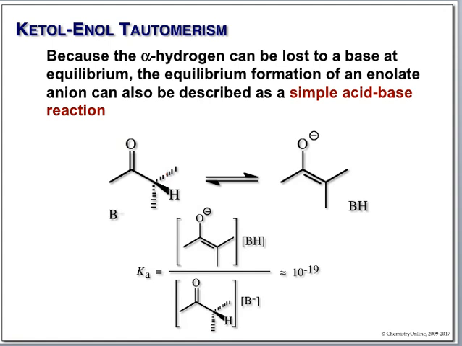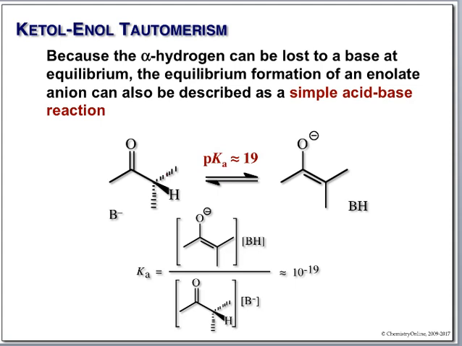This allows us to talk about the pKa, that is how acidic this particular carbon atom is. From general chemistry, products over reactants, equilibrium constant about 10 to the minus 19. Now once again, that tells you there isn't much of this at equilibrium, is there?